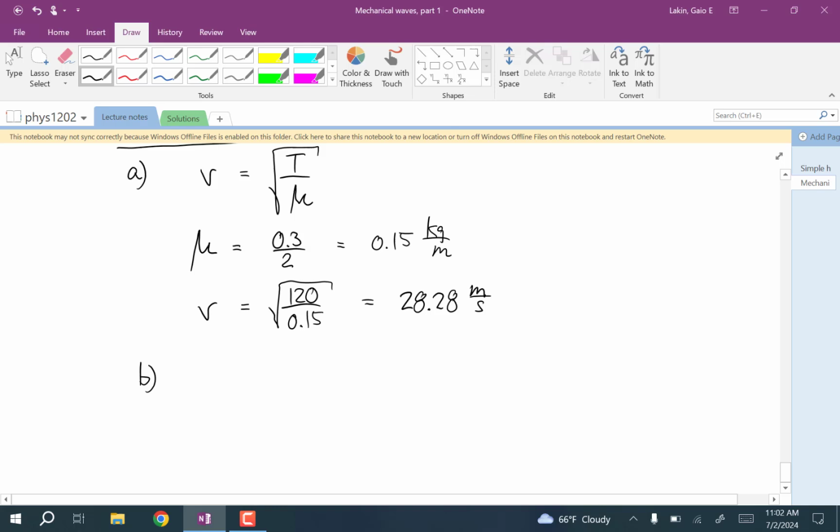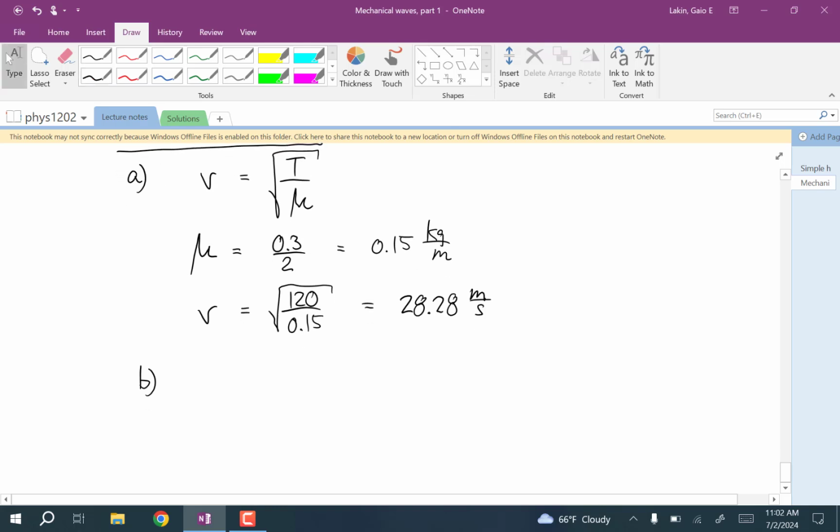Next, we want to come up with the wave function. And in order to come up with the wave function, remember that this has the form amplitude times the sine of the quantity 2 pi over the wavelength times x minus 2 pi times the wave speed over the wavelength times t. And so we need to come up with the wavelength and we need to come up with the wave speed.